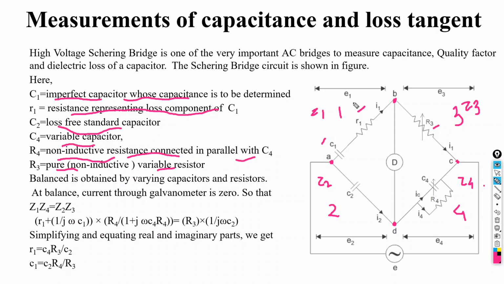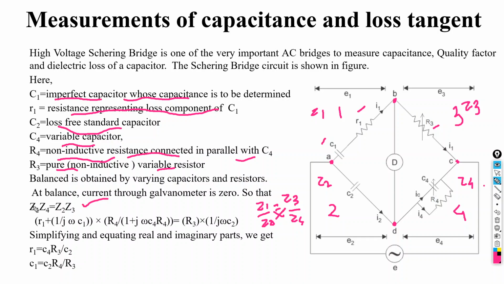And then E1, E2, E3, E4 are the voltage drops across each arm. Under the bridge balance condition we have Z1 by Z2 equals Z3 upon Z4. So the final condition is given by Z1 into Z4 equals Z2 into Z3.